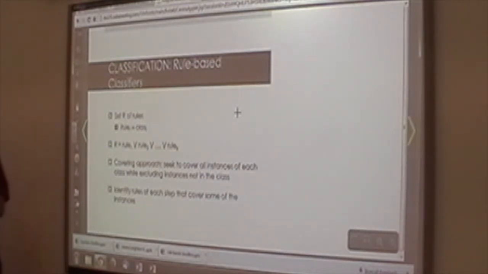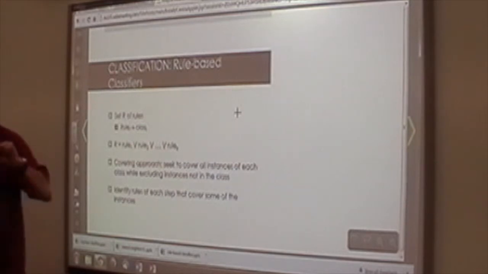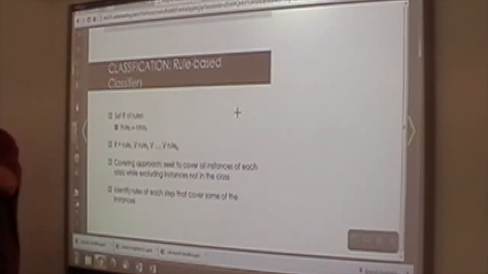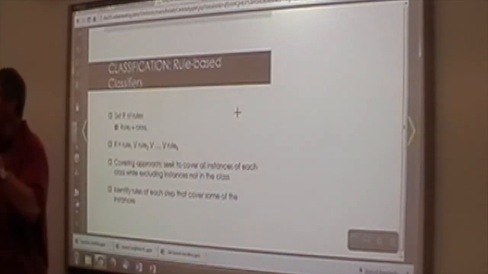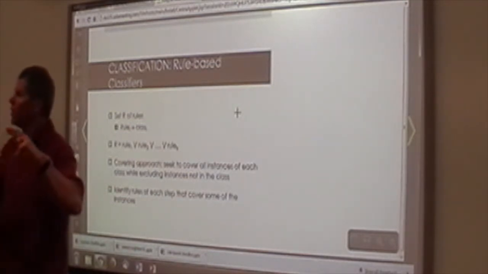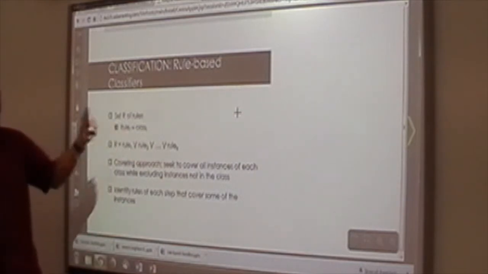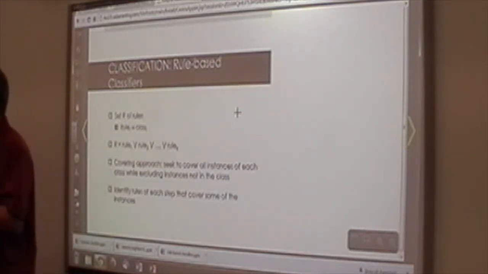So, rule-based classifiers. We'll go through an example, but the basic idea is that we're searching for a set of rules. They're going to be of the form if-then. So if something and something and something, then we classify as a certain classification.